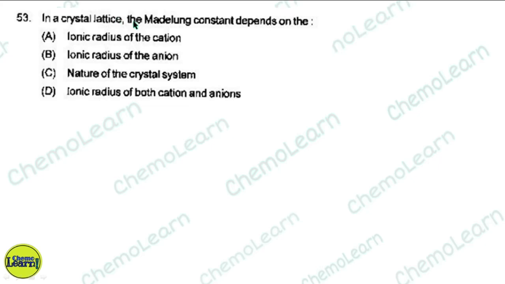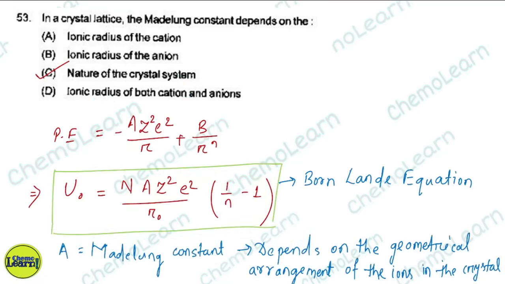Then question number 53. In a crystal lattice, the Madelung constant depends on what? Ionic radius of cation, ionic radius of the anion, nature of the crystal system, or ionic radius of both cation and anion. For crystal lattice potential energy, you know the formula: minus A into Z square divided by R plus B by R to the power n, and we have the lattice energy formula, lattice energy U naught equal to N into A into Z square e square divided by R naught, 1 minus 1 by n.